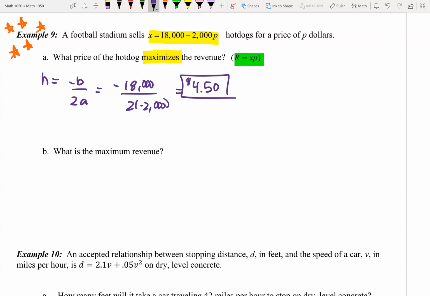So everybody write, revenue equals the X, which is that top yellow highlighted stuff, 18,000 minus 2,000 P, and you multiply that by P. And now when I distribute, I get negative 2,000 P to the second plus 18,000 P, and now I've got my parabola. So you can't apply the vertex form to a line. You have to turn it into a parabola.